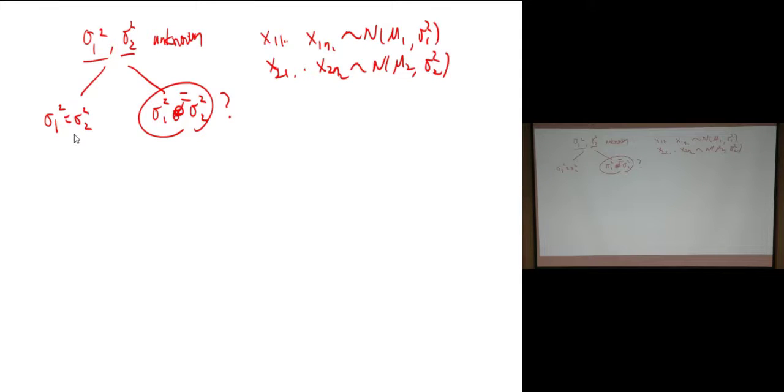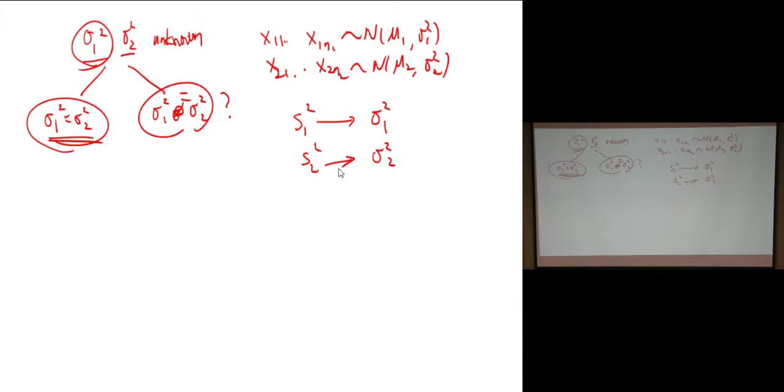Now if we don't have this piece of information that sigma 1 square equals sigma 2 square, then how are you going to estimate sigma 1 square, the variance from the first population? So naturally, you will just use S1 square to estimate sigma 1 square, right? For sigma 2 square, naturally, we will use the second sample from the second population and look at the sample variance to estimate sigma 2 square.